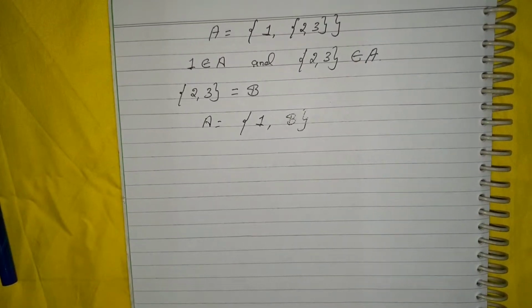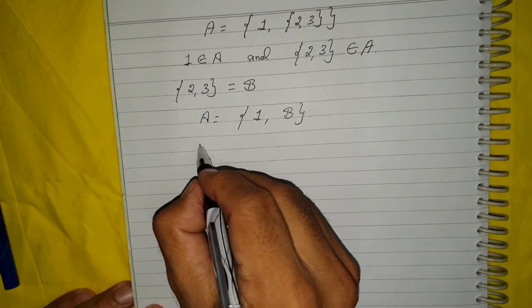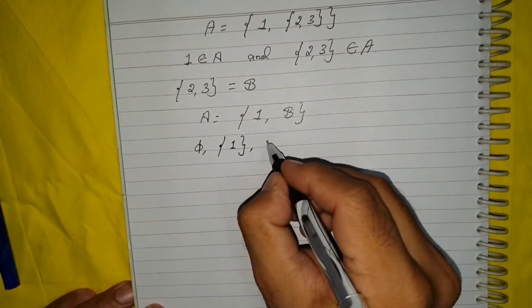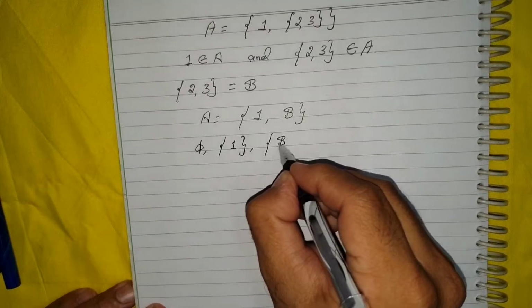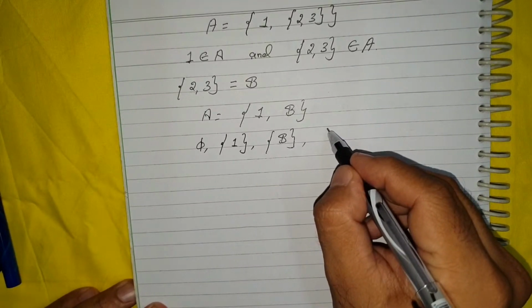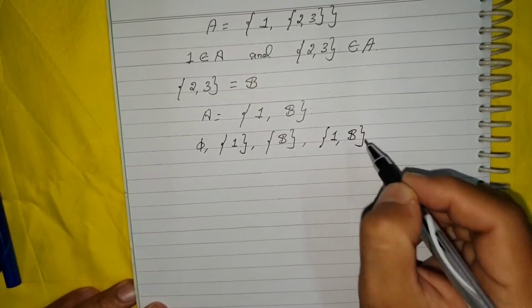Now to write the subsets of A, that will be the empty set, {1}, {B}, {1, B}.